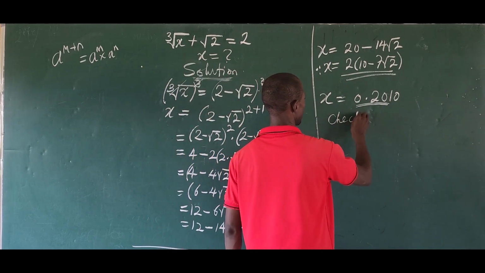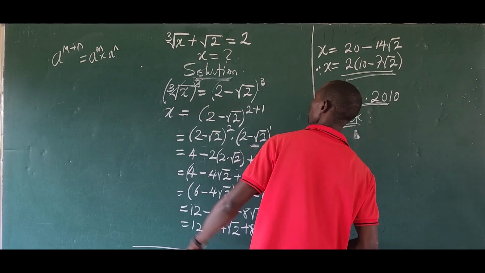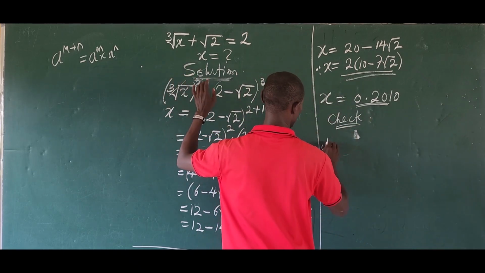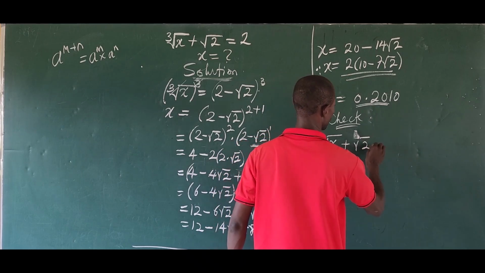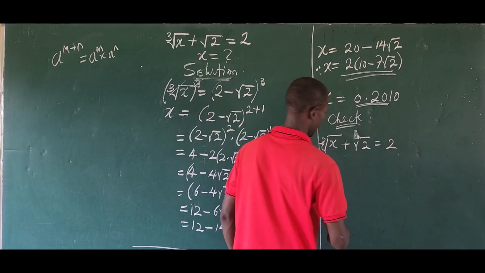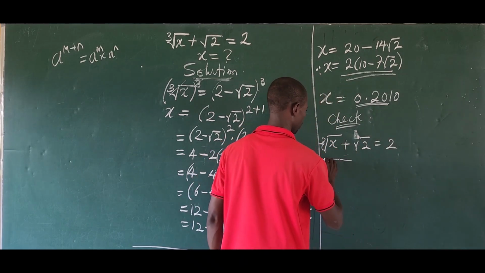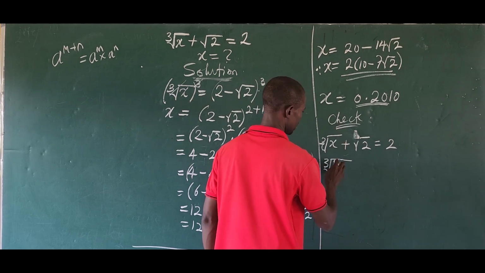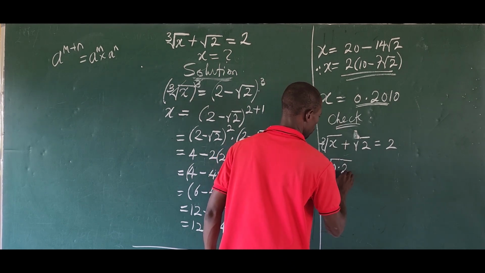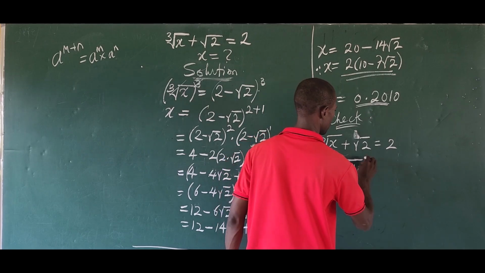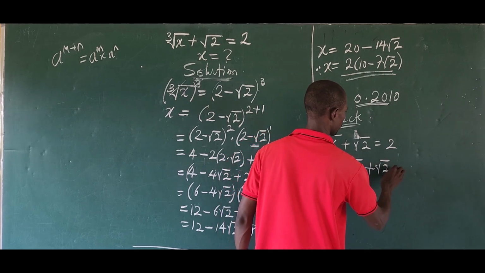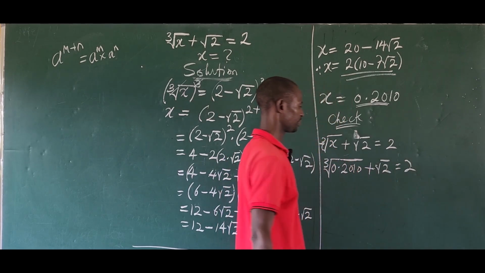So we take our check. We have our equation, which is the cube root of x plus the square root of 2 equal to 2. This will give us the cube root of 0.2010 plus the square root of 2 equal to 2.